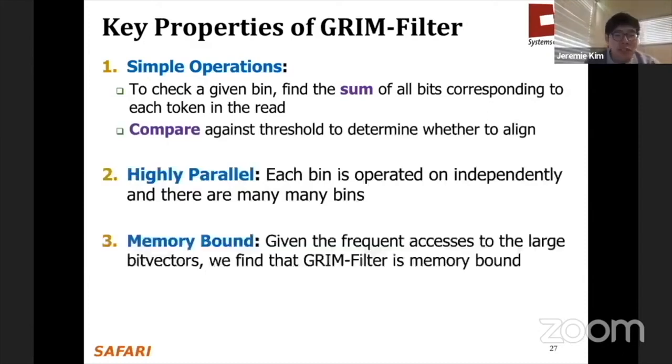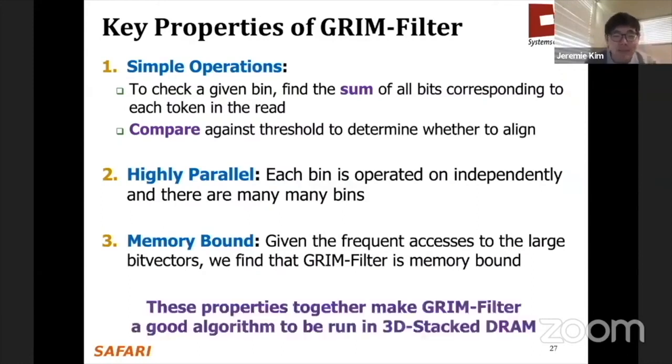And it's also memory bound because we have to access the large bit vectors very frequently to calculate the potential existence. We find these 3 properties together make GrimFilter a good algorithm to be run in 3D stacked DRAM, which has high throughput and lets you operate on things very parallel inside the logic layer.